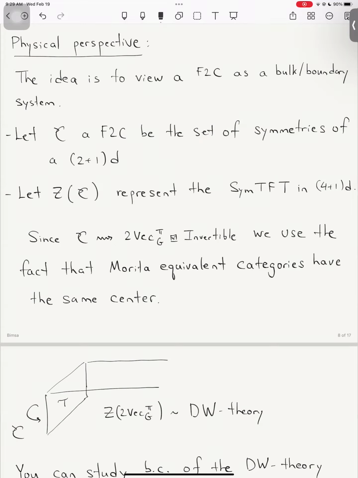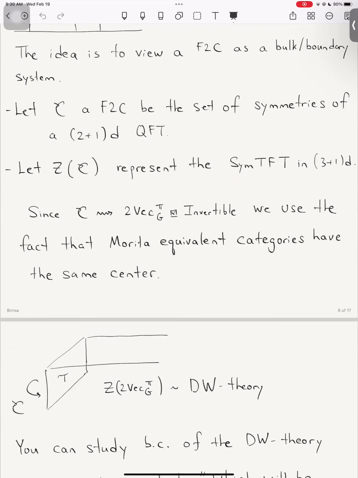It doesn't really have to be a TFT, it should just be a regular QFT. So when I say it's a set of symmetries, it means that this QFT is a module for this category. And let ZC represent the SymTFT. This lives in 3+1 dimensions, and this is the topological theory in 1 dimension higher.